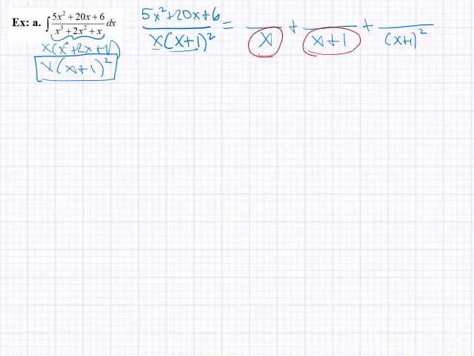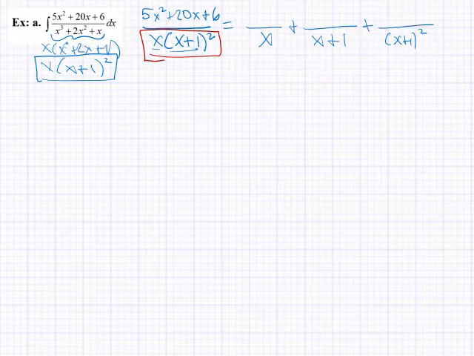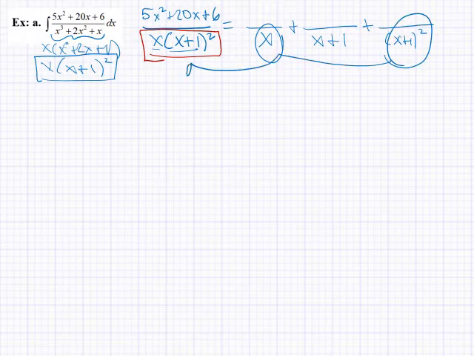Remember, the reason why these are the denominators we use is because we say this is the common denominator. What fractions would I need so that I could get this common denominator? Now, technically, I could just have this denominator and this denominator, and I could get this common denominator.